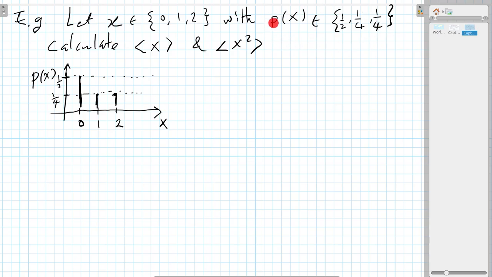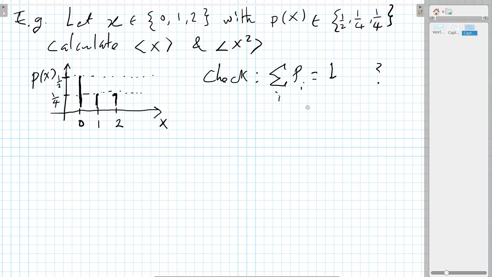Once this is known, as we have discussed earlier, we can use the distribution to compute averages, like the average of x and the average of x squared. As a first check, always do that: check that the sum over all the possible probabilities is 1.